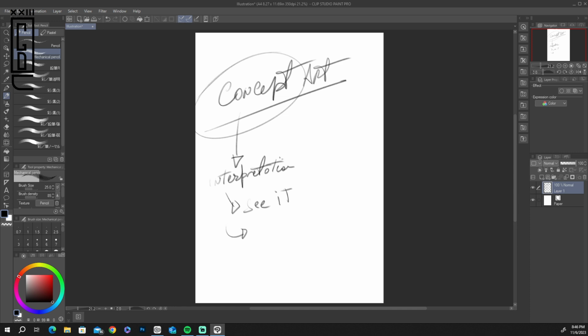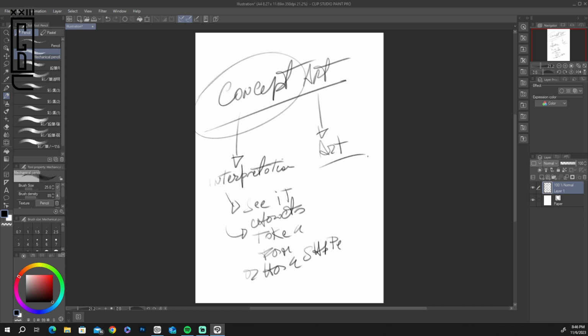The way you make a character take a form or have a shape. Pretty much that. That is considered art. Yeah, of course, it is art.